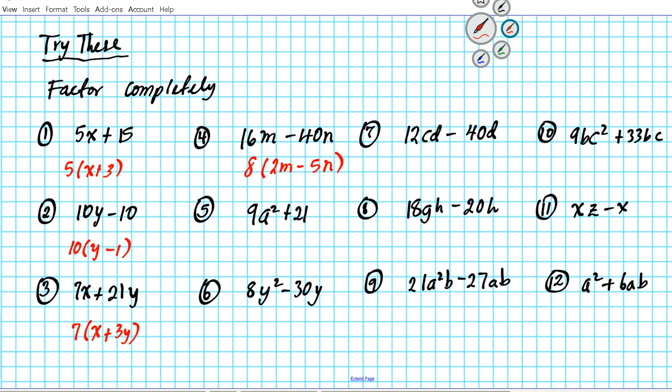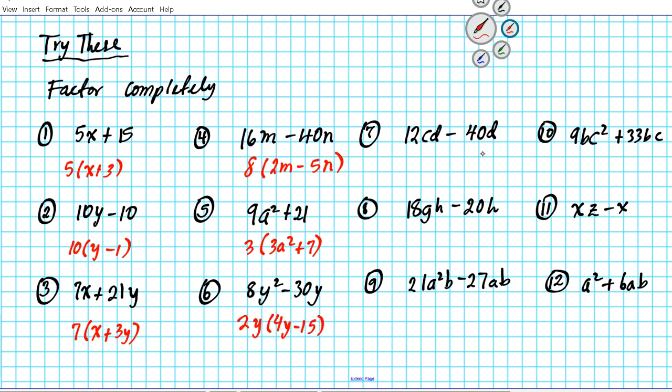For number 5, the answer is 3 times the quantity 3a squared plus 7. For number 6, the factored form is 2y times the quantity 4y minus 15.